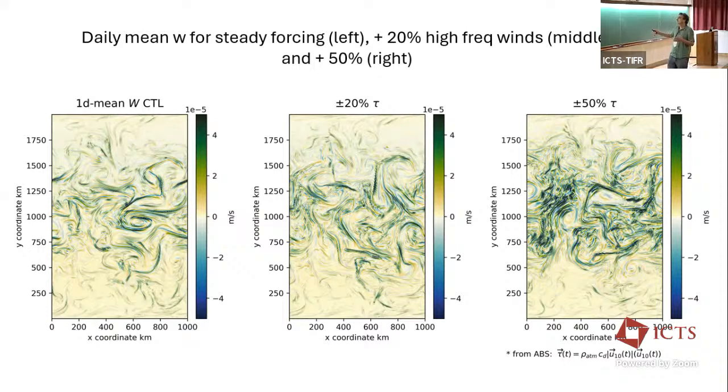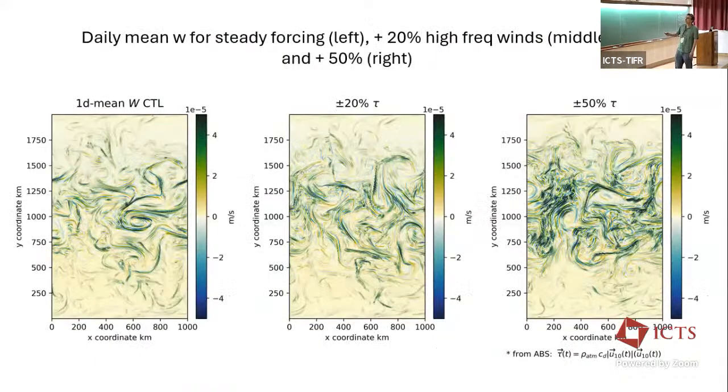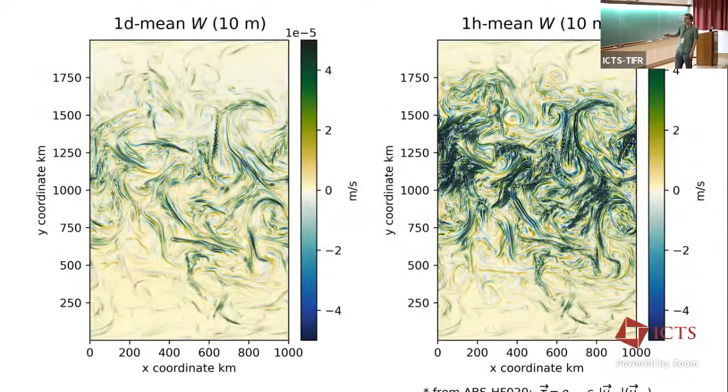But there's a low pass W that results from the wave forcing, the high frequency forcing. This one is this one, I think. And this is the daily average, and this is the snapshot. So just to give you an idea, there's a lot more going on in the snapshot.